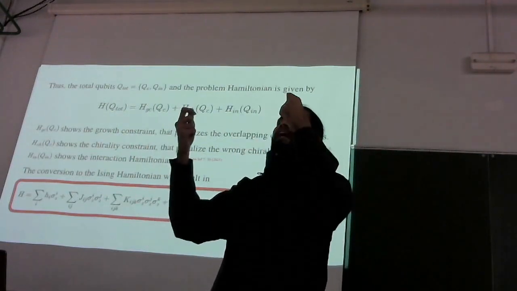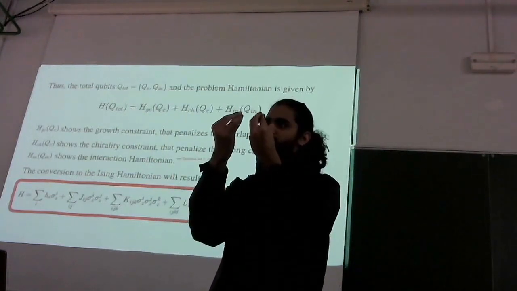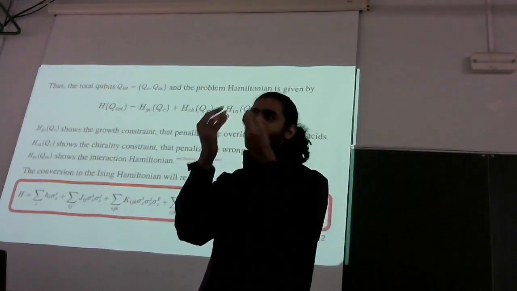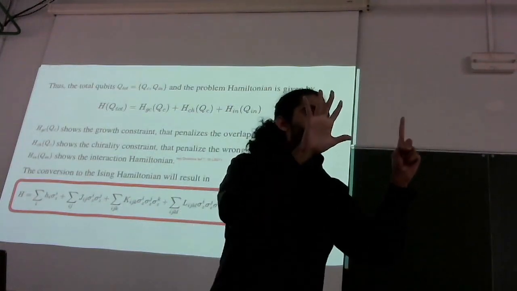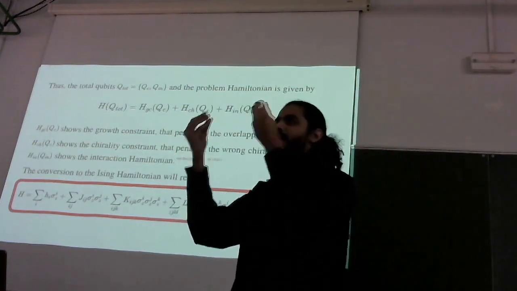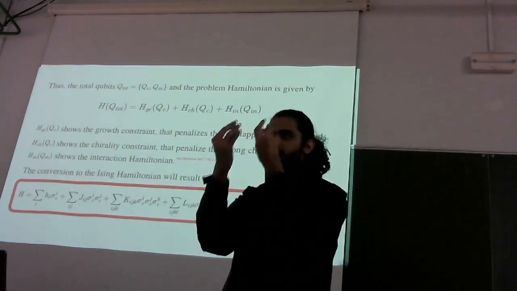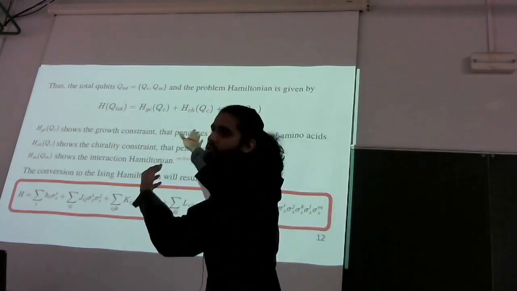If in one problem I have a connection between the first and fifth amino acid, then to encode this connection I have to do some logical things in my Hamiltonian.